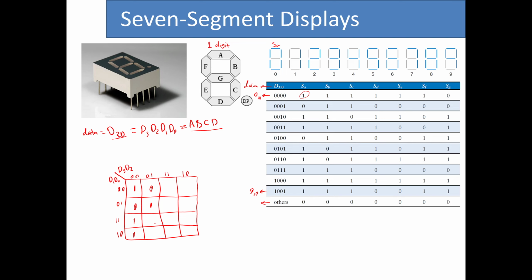For 0110, it is 1. And for 0111, it is 1. For 1000, it is 1. For 1001, it is 1. And finally, the rest are going to be 0 based on what we have here. So this is for 1010 all the way to 1111. So now we have this Karnaugh map.